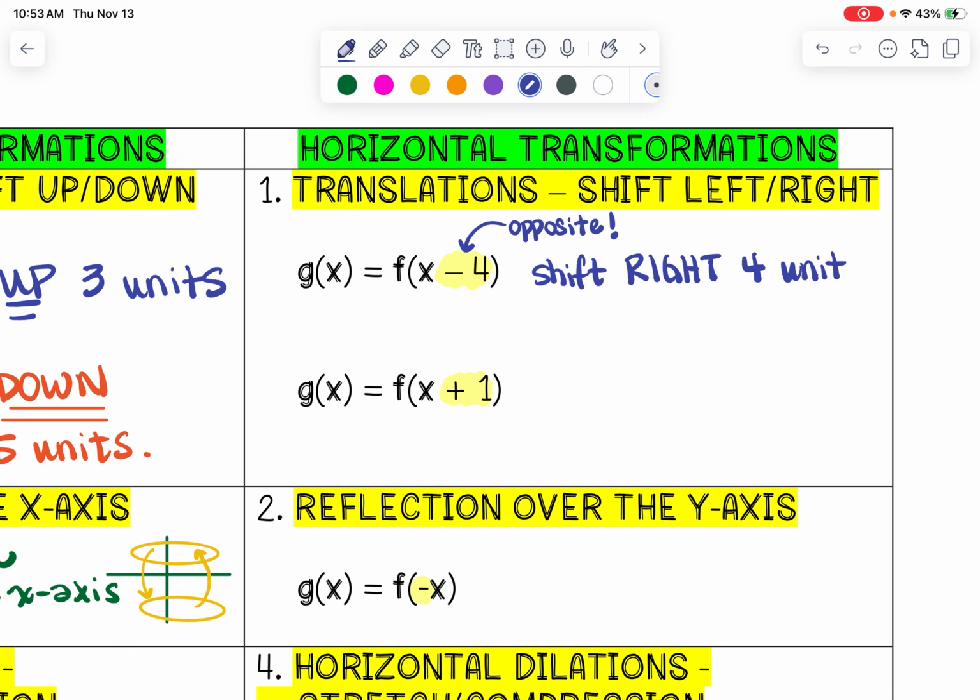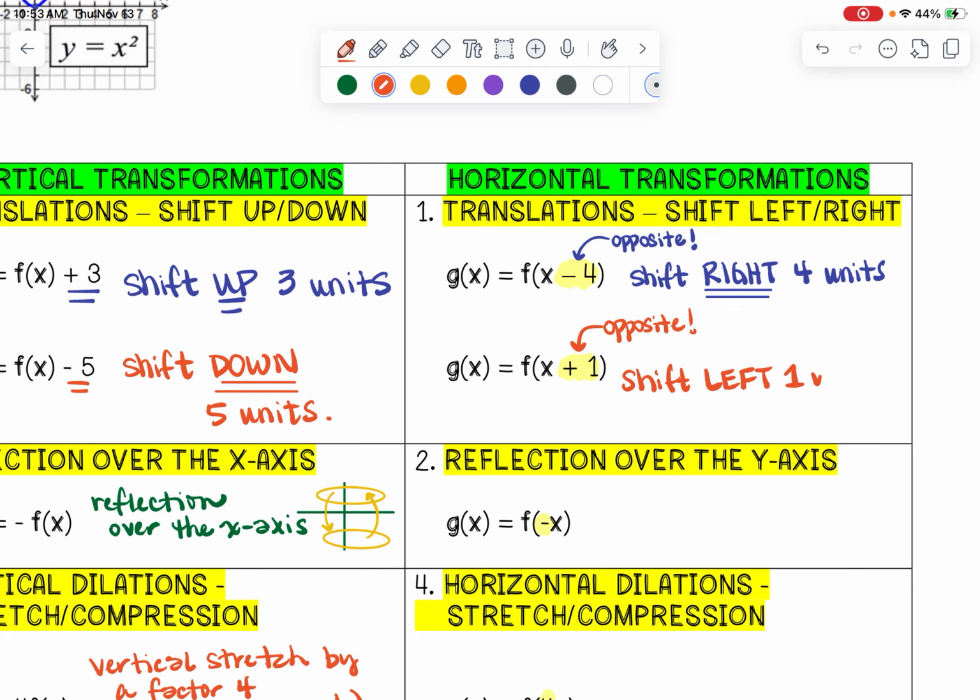It's the opposite of what you think is happening. Okay, then the same thing on the f of x plus 1, right? It looks like it's going right 1 because it's positive, but it's really not. So this is a shift left 1 unit. Okay, so those are pretty easy to remember and identify, just like what we did back in Unit 4.